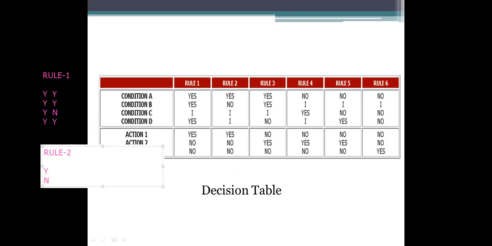Coming to the next values, take it as yes and then yes. Then the same Y value, N value. And here, if C is yes, it's not compulsory that D is also yes. So what is the value? N here. And coming to the next one, Y and N.